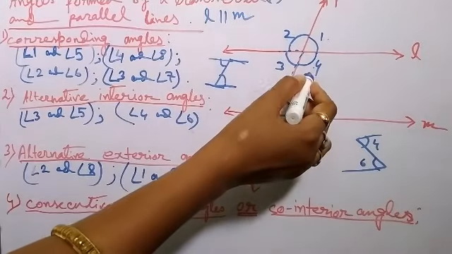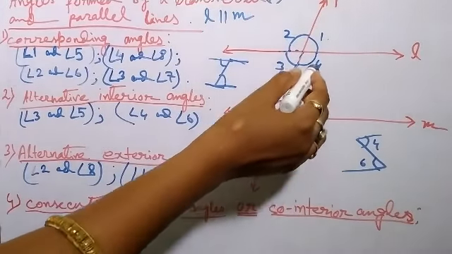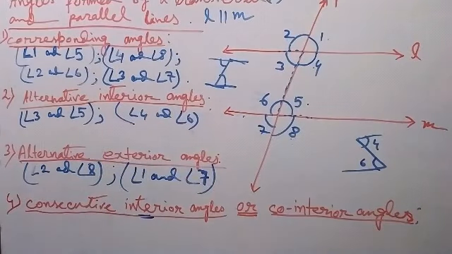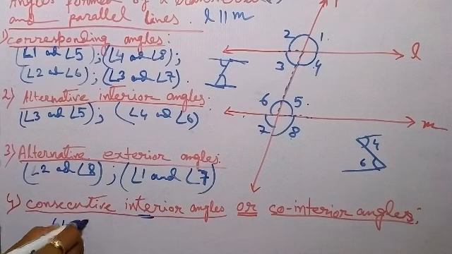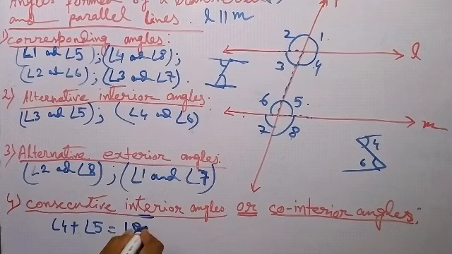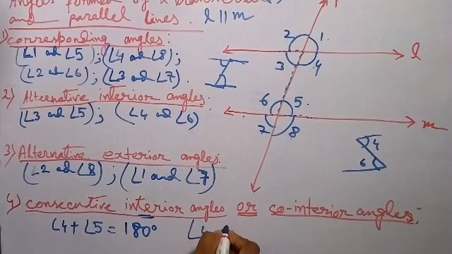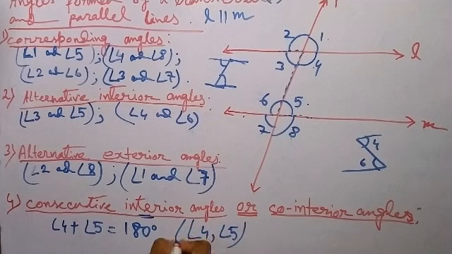So for consecutive interior angles 4 and 5, the sum of these both angles will be 180 degrees. That means angle 4 plus angle 5 will be 180 degrees. So angle 4 and angle 5 are consecutive interior angles.